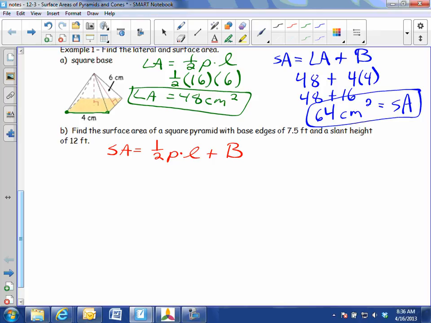If we wanted to, we could draw a picture. So it tells me that I have a base that is a square. So you kind of have to make a rhombus looking thing. It's not a very good one, but you guys get the idea. And then we're going to find kind of the middle and go up and make a dot. And you're just going to connect from corner to this dot.